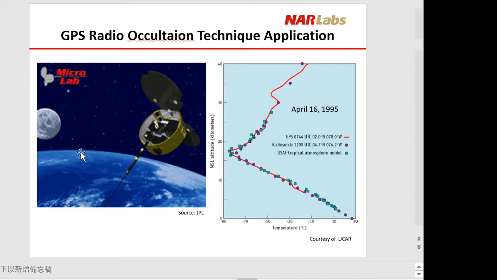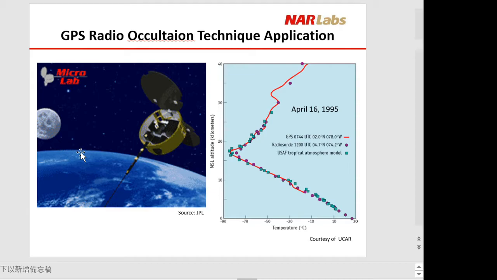Until 1994, when the U.S. deployed the GPS constellation in space. So people began to think about using the GPS signal to employ the radio occultation technique to measure the parameters of the atmosphere and ionosphere.